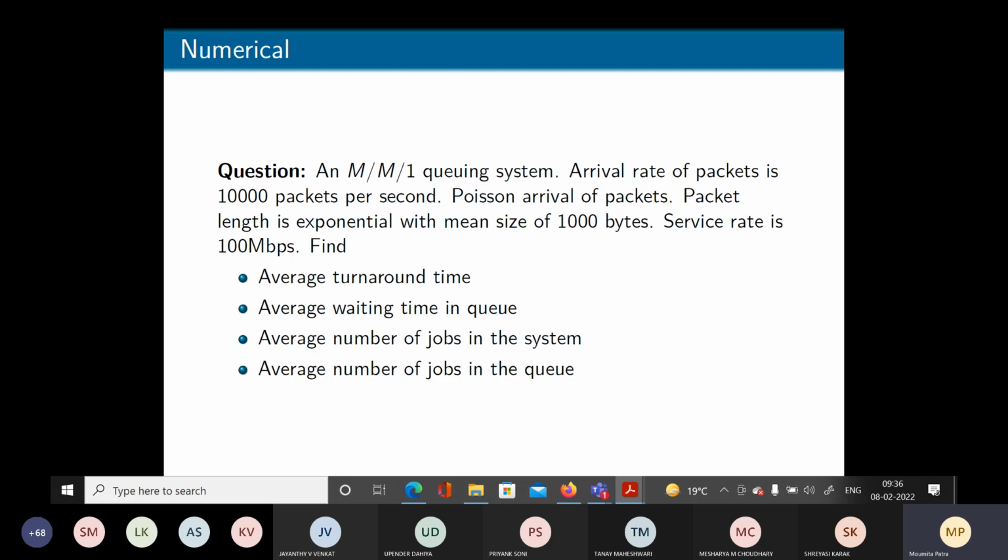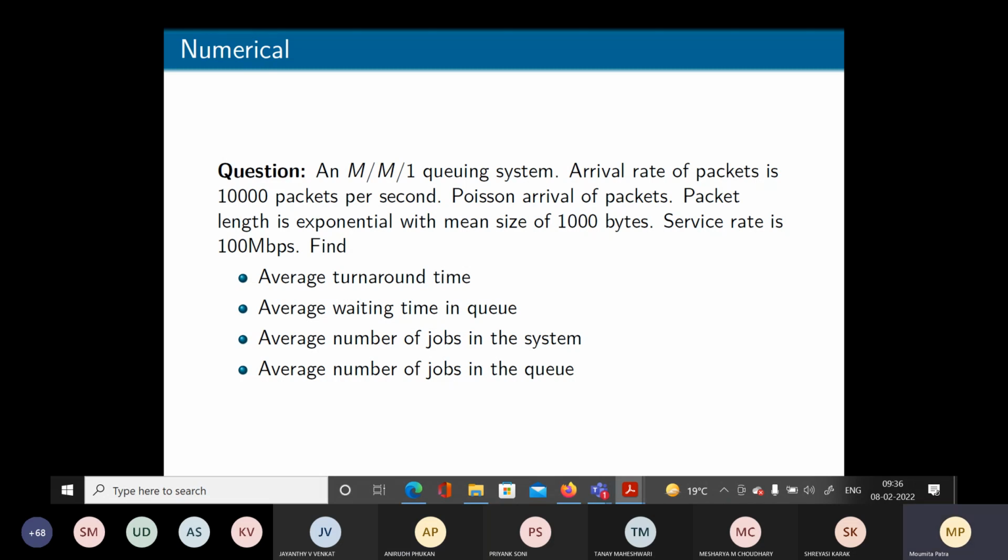Your server is servicing at a rate of 100 Mbps and the average packet size is 1000 bytes. So what will be the value of mu? Ma'am, 100 Mbps divided by 1000 times 8. Yes. Correct.